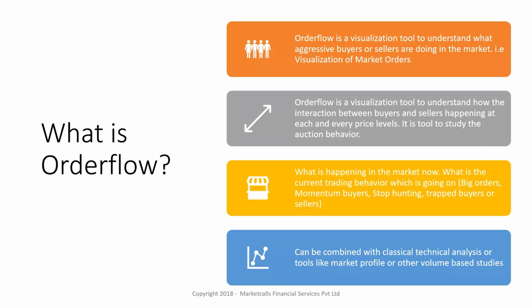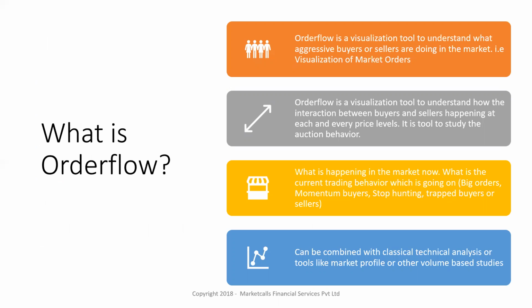So, in today's discussion, we're going to get to the basics of order flow. If you have not heard about order flow before, let me tell you, order flow is one way of looking into the price information. But order flow provides the true information about the buyers and sellers. It is also one form of visualization, like candlestick studies or renko or point and figure.